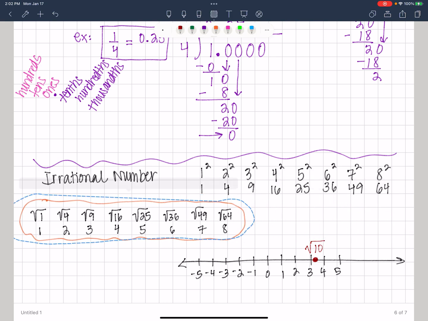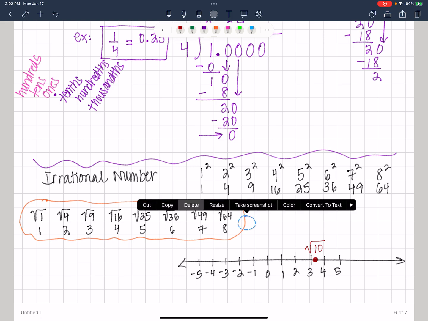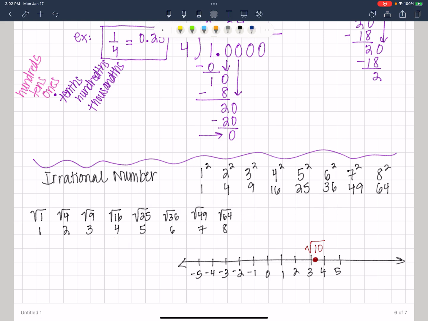So if you need to make this go a little bit further when you're working with these problems, you'll write the integer and then you'll put its square inside the square root. 10 would be the square root of 100, and 11 would be the square root of 121.